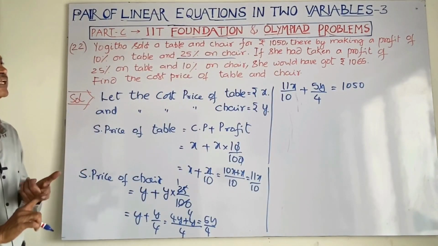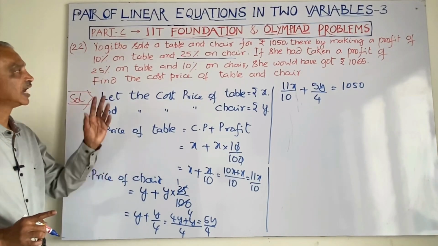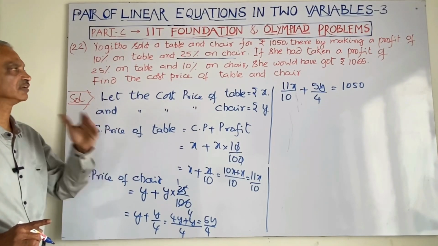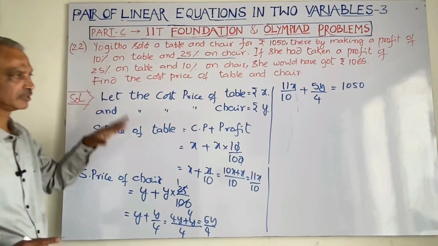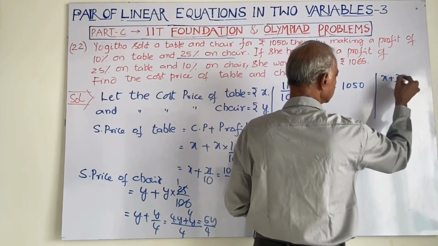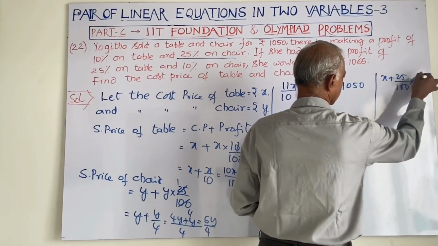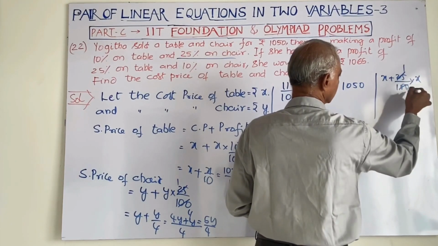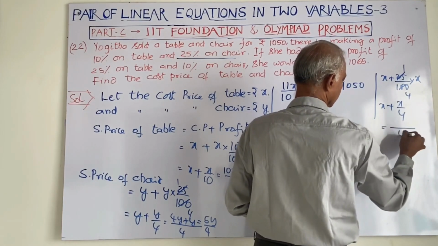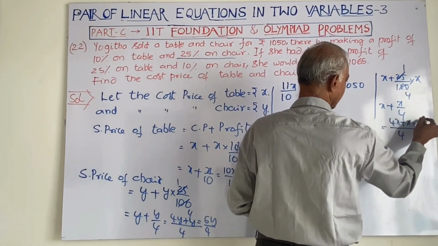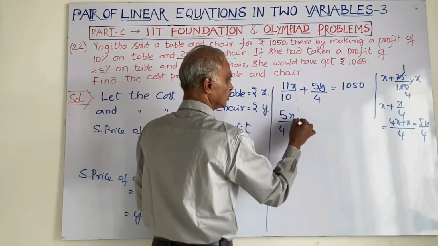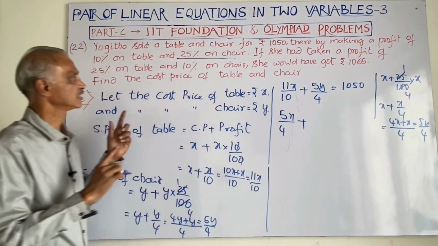Similarly, if she had taken profit of 25% on table and 10% on chair, she would have got 1065. You see, 25% on table means I will do here x plus 25% on table, means 25 ones are 25, 25 fours are 100, means x plus x by 4, means 4x plus x, 5x by 4. 5x by 4 plus 10% on chair.